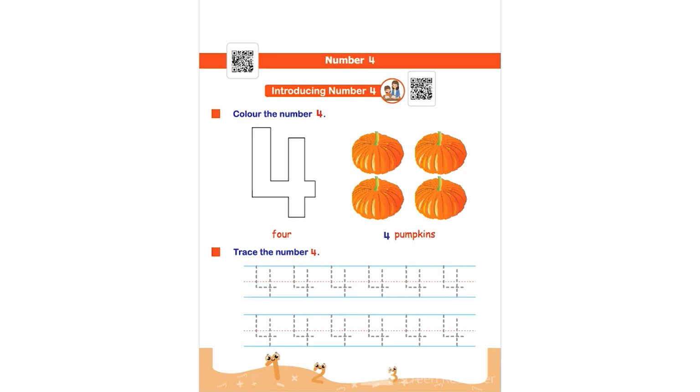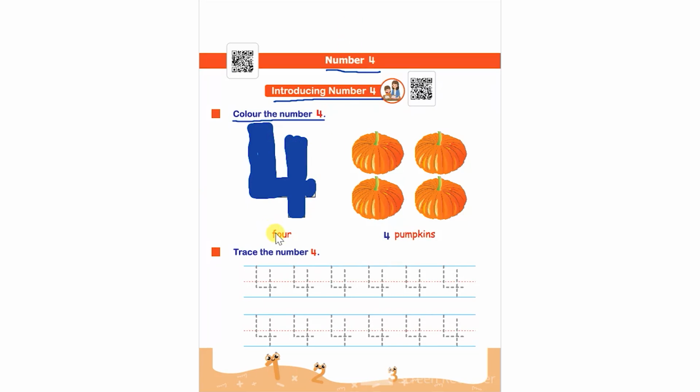Hello everyone. In this worksheet, the topic is number 4. Over here we are introducing number 4. Color the number 4. So here the child has to color the number 4. They can use pencil colors or crayons to do the same, like this.